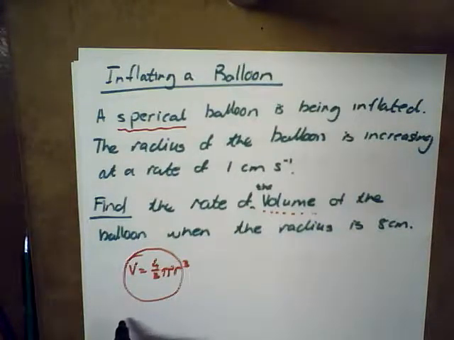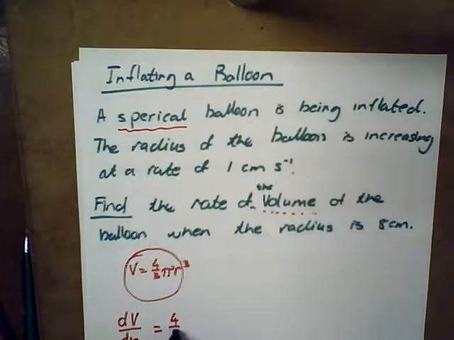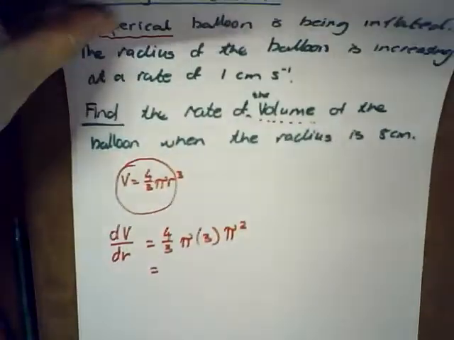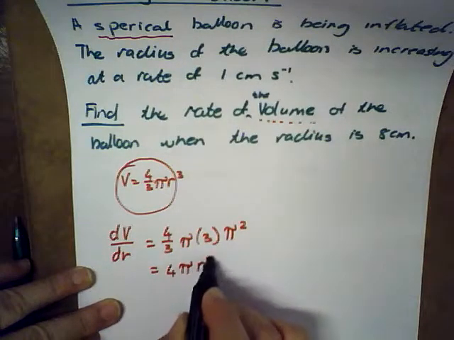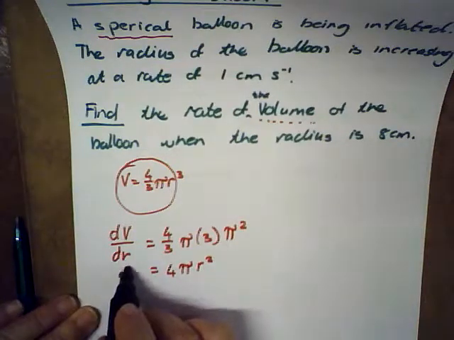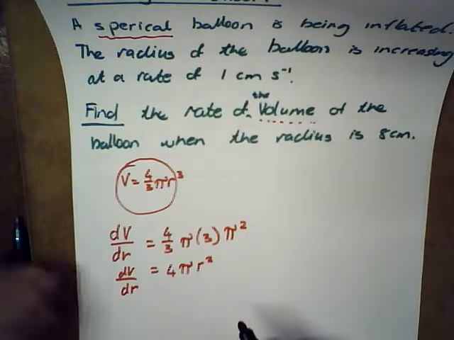So I'll just take the derivative, dV/dr, maybe we will need it, equals 4/3 pi times 3r squared. I can simplify that to 4 pi r squared. So this is dV/dr.